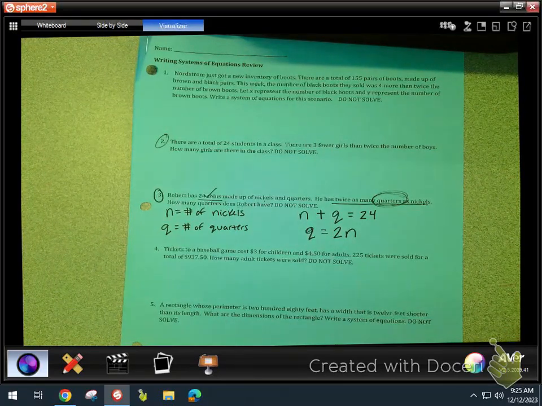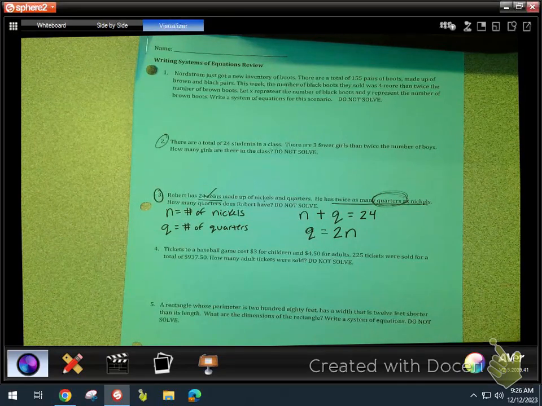Read the story. Number 2. I'm not going to read it to you on the test. You have to read it yourself. Pick your variables. Draw an arrow. One of the equations is pretty straightforward. It's that other one that's a little bit tricky.